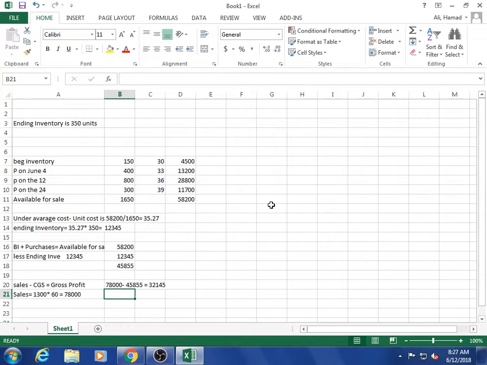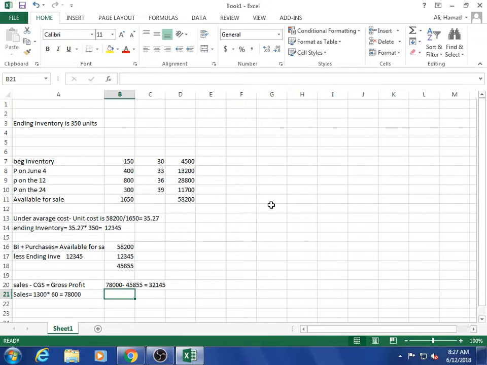Now we're going to do ending inventory using the FIFO. The second one is FIFO. FIFO means that the first thing we get must be sold first. That means sales are going that way.